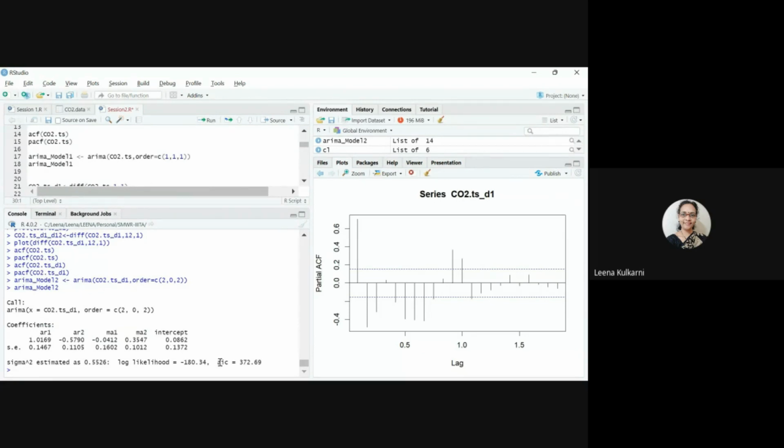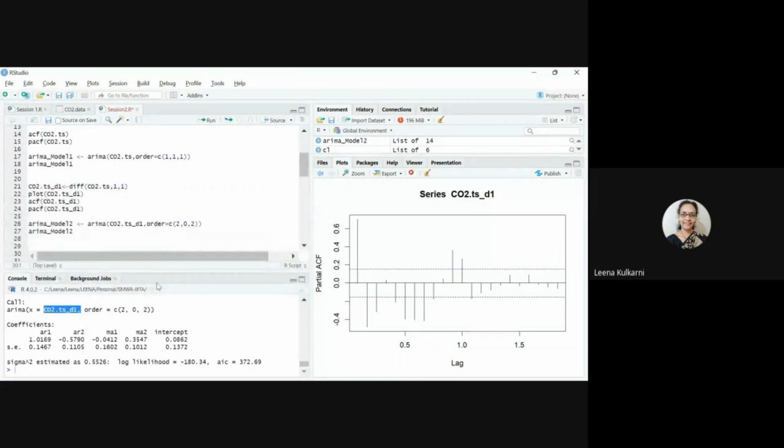It gives the value of AIC as well once the model is fitted to the data. It will give you the log likelihood value also. So we'll make a note of the AIC value for CO2 data when we fit the ARMA 2,2 model to the first order difference series.